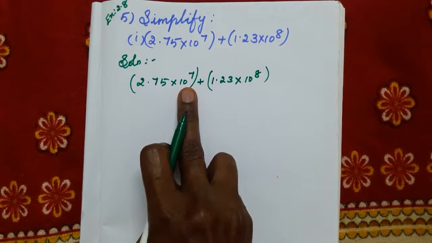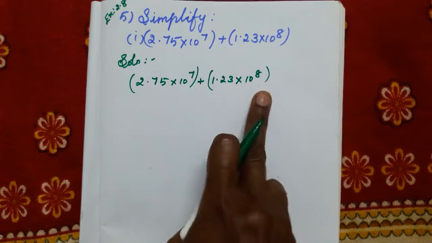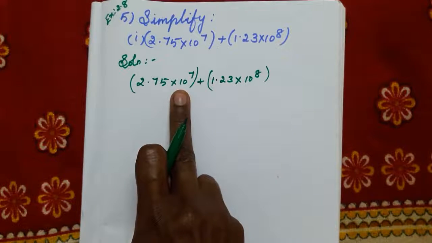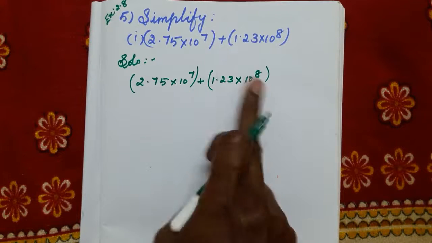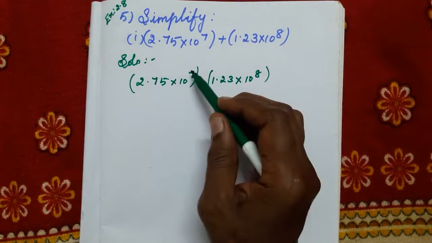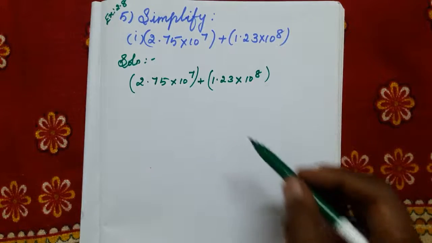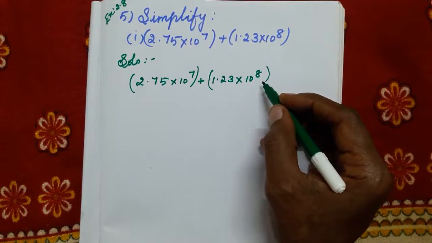Here the power is 10 power 7, here 10 power 8. Powers not same, so we cannot add. First we want to convert the powers into same. Here you can convert 10 power 8 into 10 power 7.